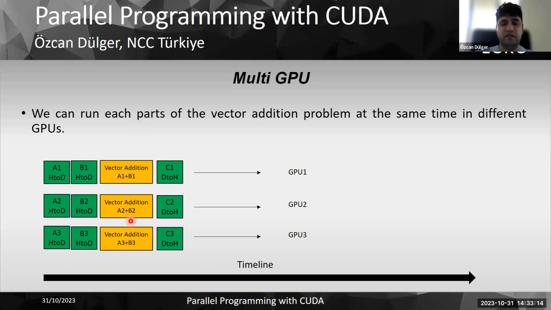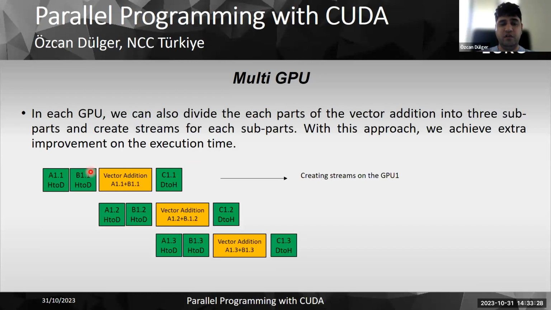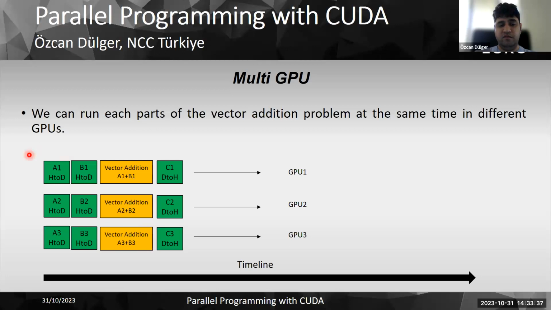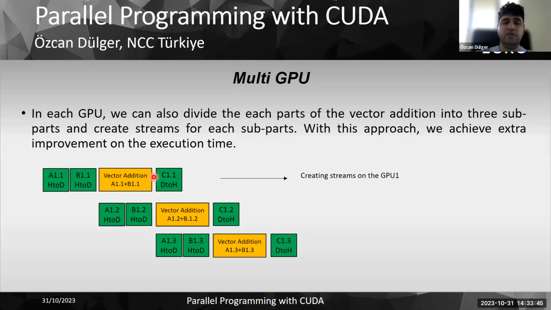There are 3 parts for vector addition, and for each part, we can also apply pipelining as we learned before. So we obtain additional improvement on the execution time. First, we divide the parts to the 3 GPUs, and we apply pipelining on each part on each GPU, and we obtain additional improvement on the execution time.